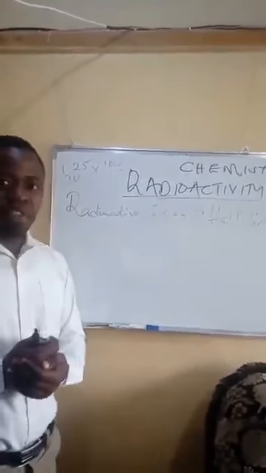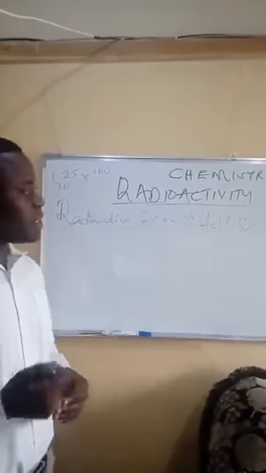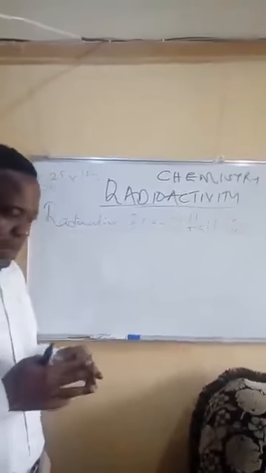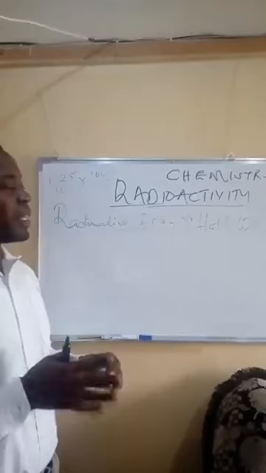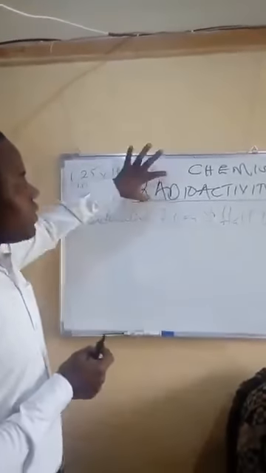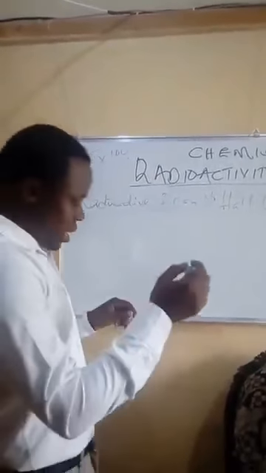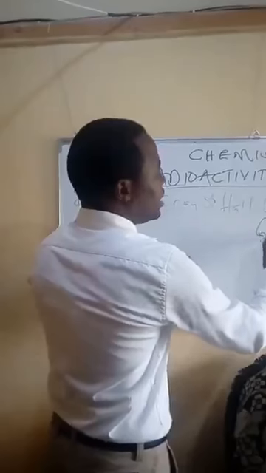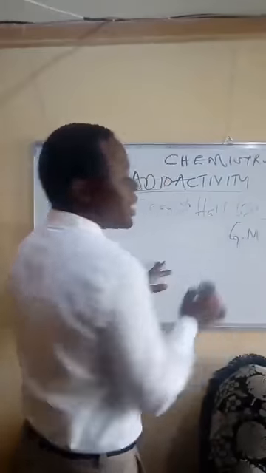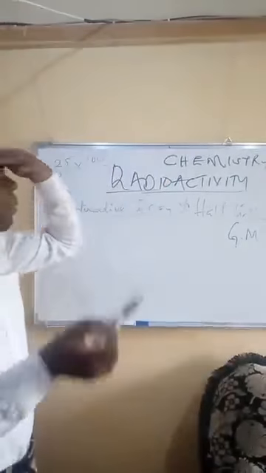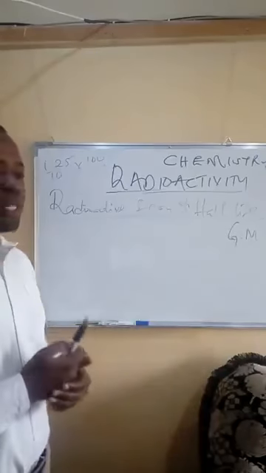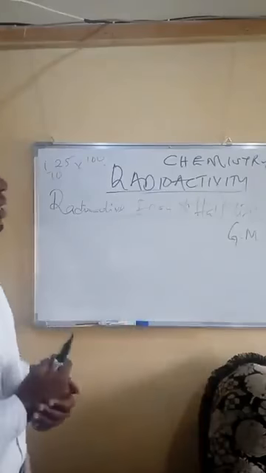We learned with a different teacher yesterday, those who joined us in physics, that radioactivity is measured using an instrument known as a GM counter. A GM counter is an instrument used to tell you how many disintegrations are happening per second.